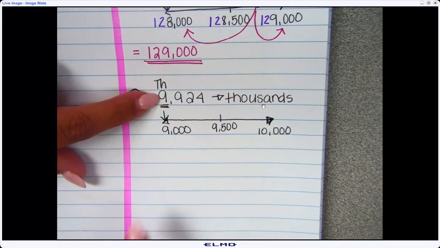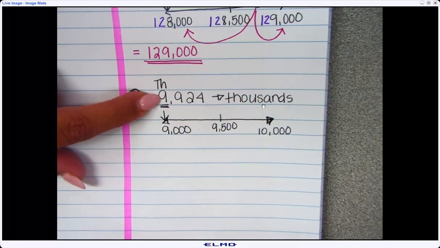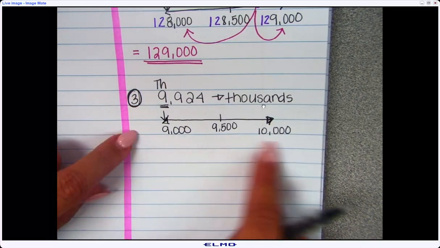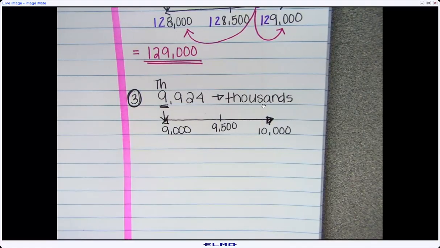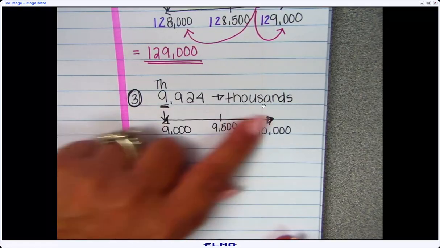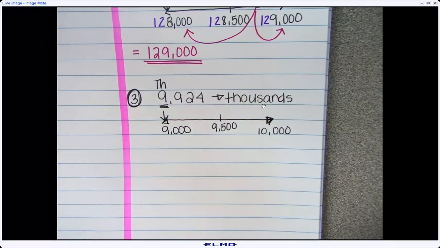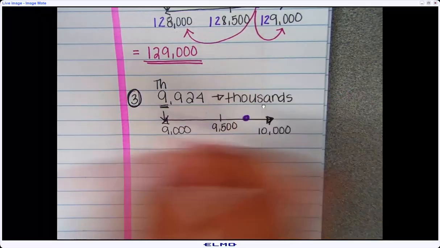Now here, this 9 doesn't take part of a bigger number, like that is actually the whole number, so we don't have to put anything on the left. Now I can see, okay, well, where does this number fit? Is it before or after? After. It's going to be somewhere here.